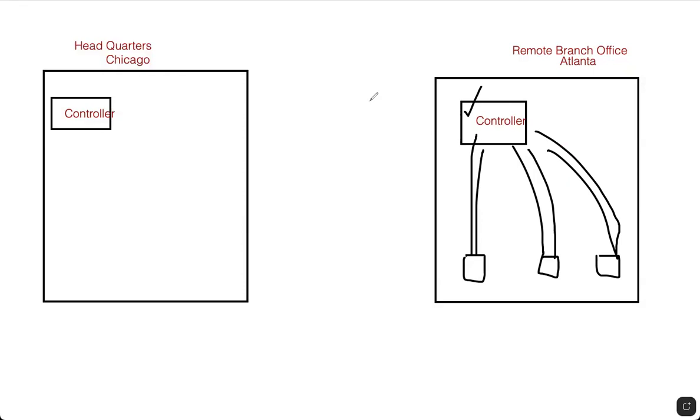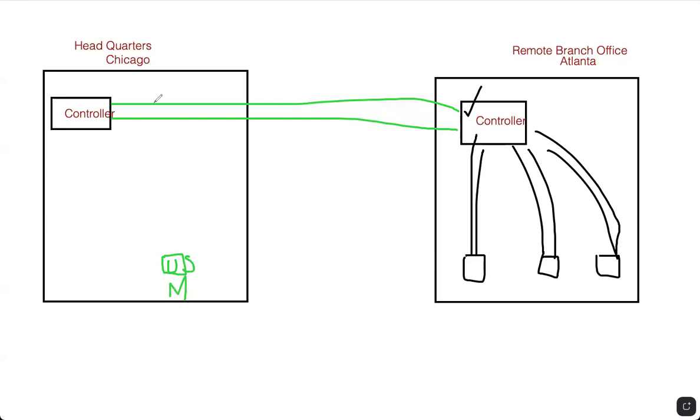Let's change the color. Here, let's say we have a user. This user is a corporate user, let's say a manager that lives in the Chicago area.